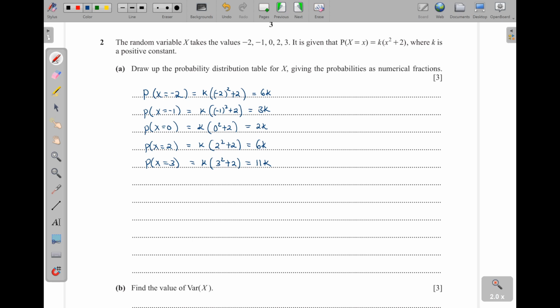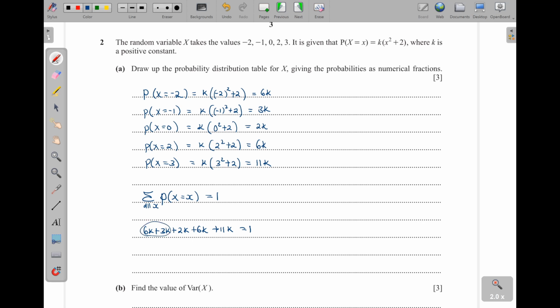Now, we know that for every probability distribution, the summation of the probabilities over all values of x adds up to 1. So meaning I'll get 6k plus 3k plus 2k plus 6k plus 11k, which equals 1.